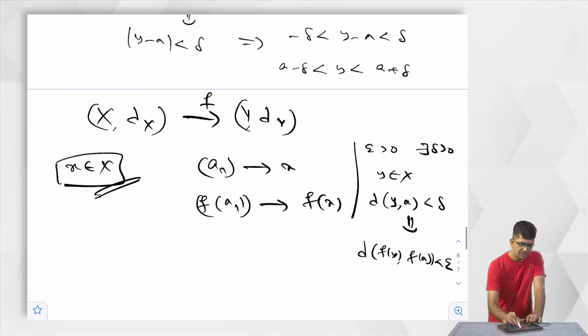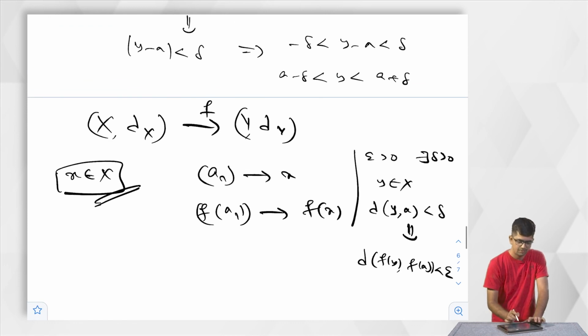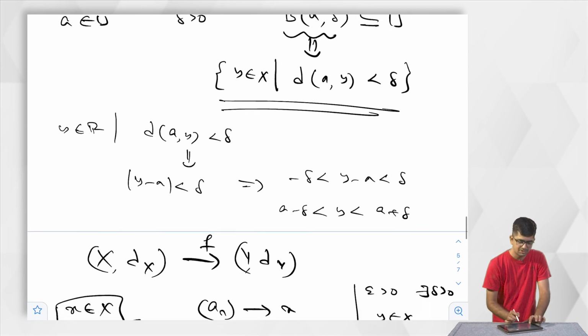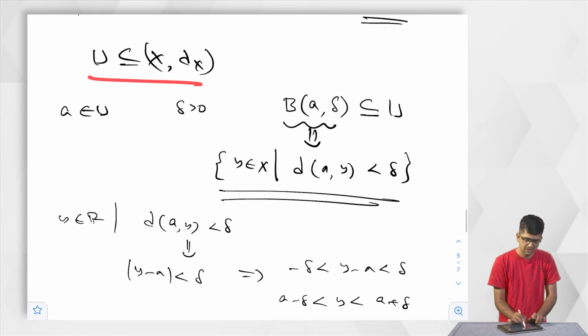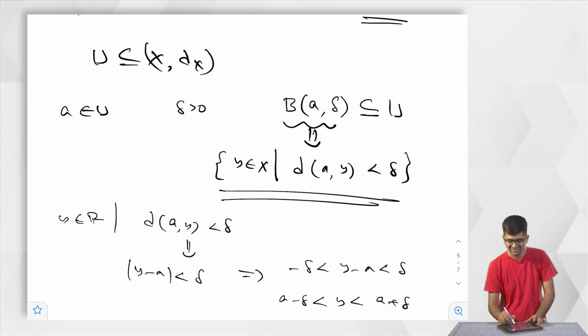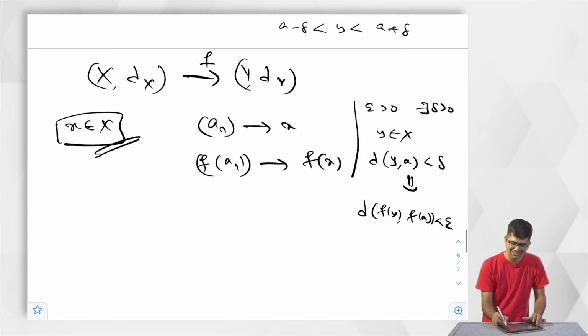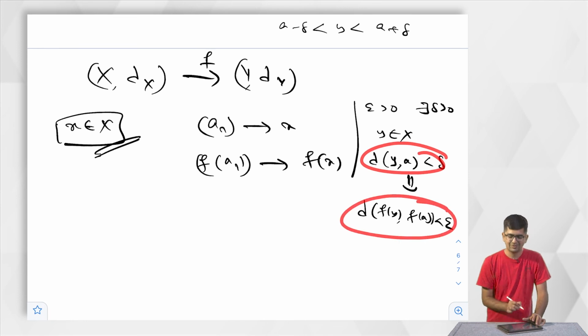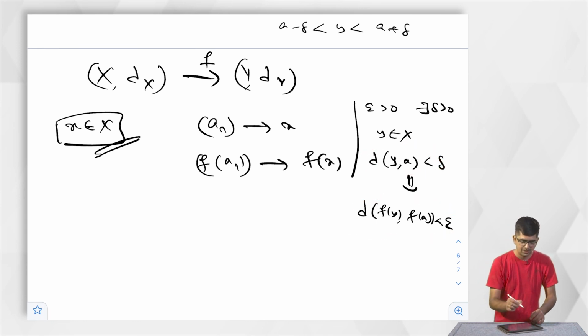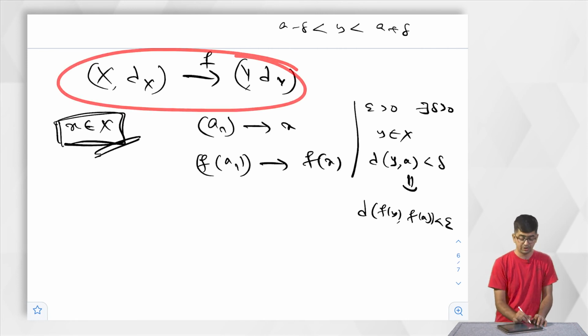Now observe that this notion of open subset has something to do with some distance being less than some number. That is something related to this. So what we'll see is the following. Let us fix x belonging to X. Let us assume this function is continuous at x.